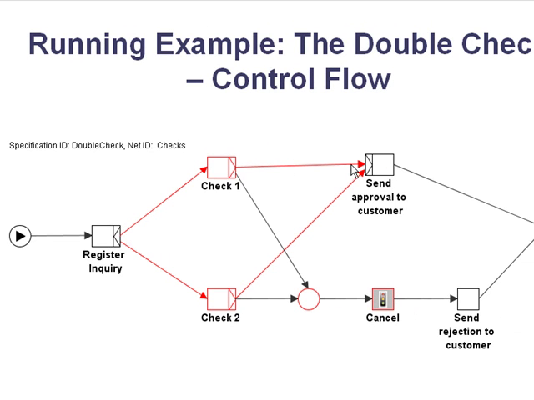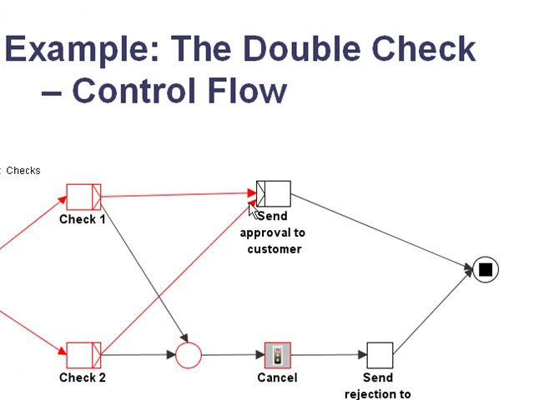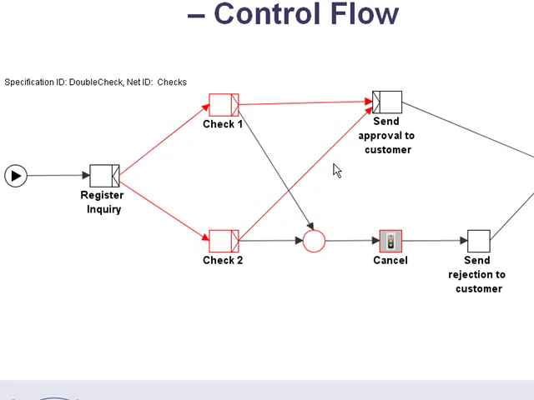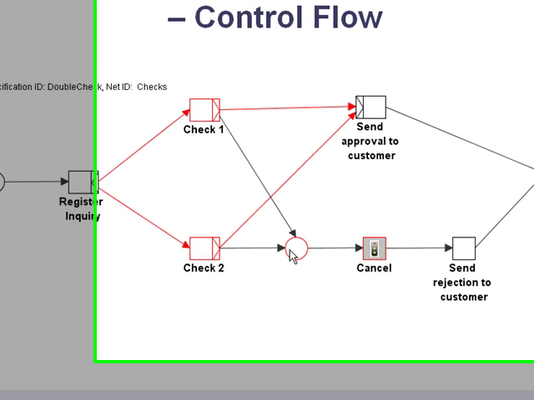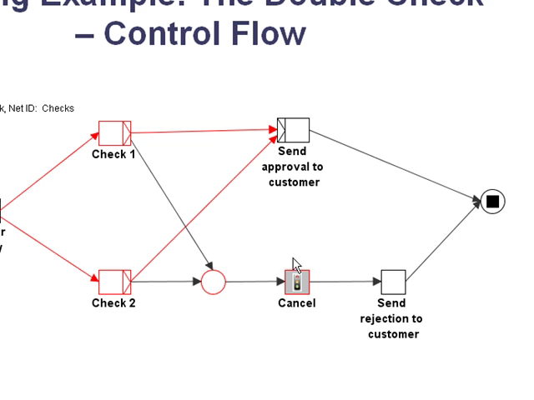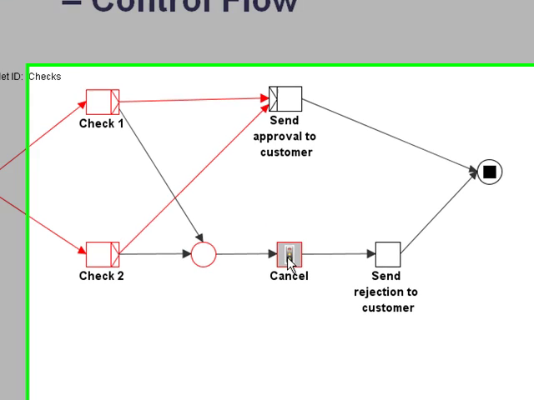When both check 1 and check 2 are fulfilled successfully, then send approval to customer is enabled. However, if any of the checks is not successful, then the cancellation task is performed.